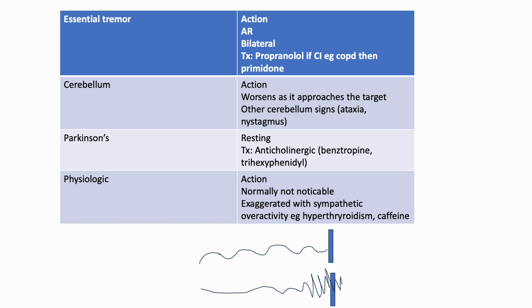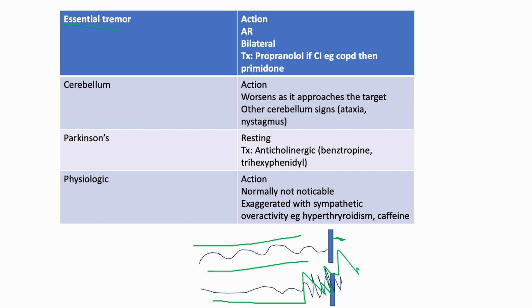For example, say this is the target, we put a pencil as a target, and you tell the patient to reach out to it. If it's uniform in frequency, exaggerated from the beginning, and as soon as it reaches the target it doesn't exaggerate that much, they're talking about essential tremor. If initially it's okay, but as soon as it reaches the target it gets exaggerated, then that is cerebellar tremor. So based on just the quality of the tremor, you can differentiate essential from cerebellar tremor.